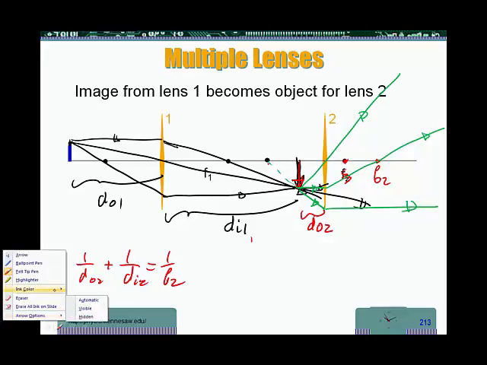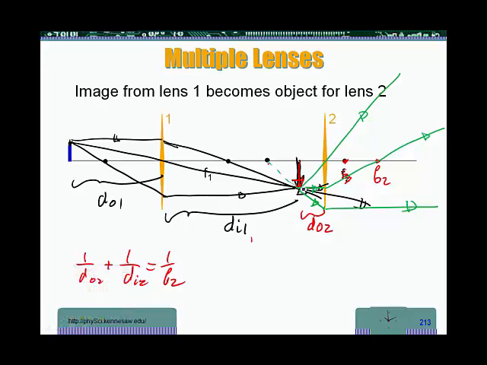However, I'll choose another color again. They are going to look like they are coming from here. So in this particular case, it's going to look like they are coming from this purple image here.